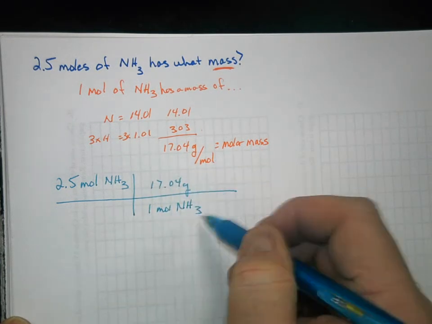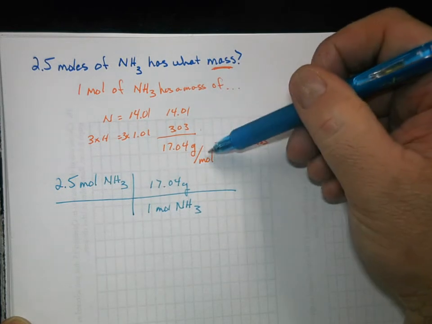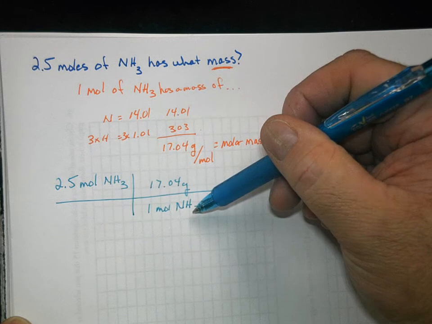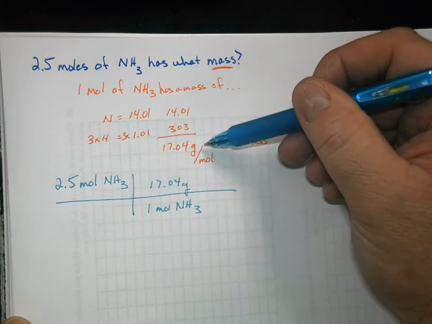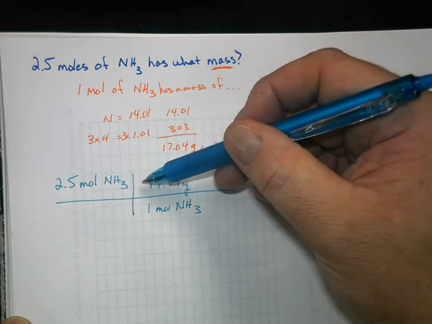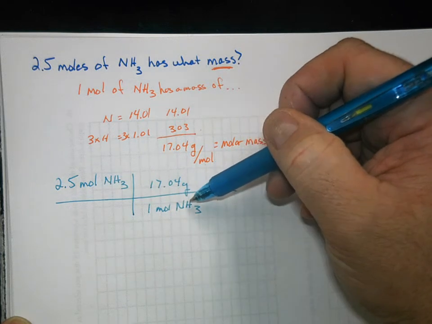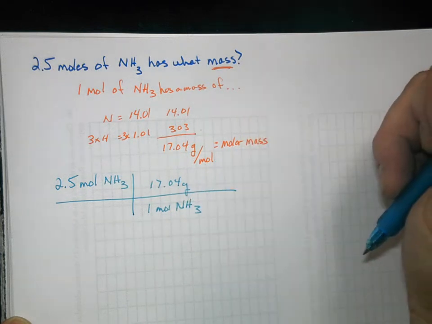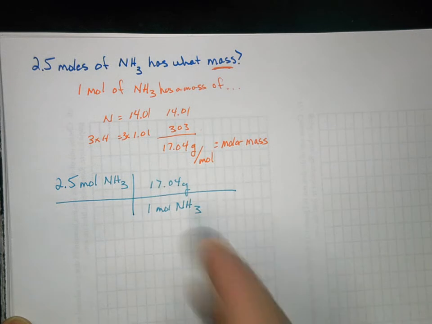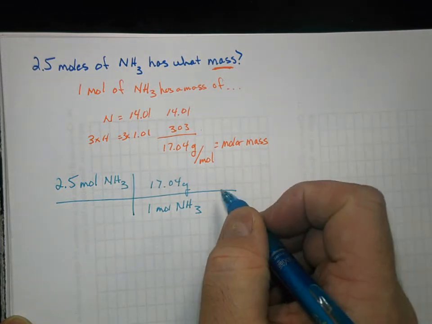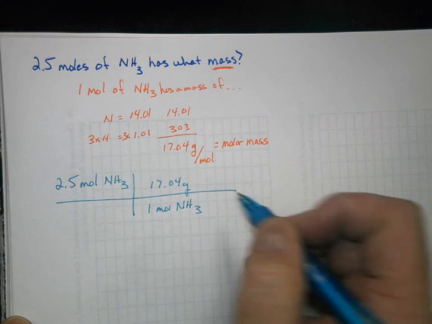This fraction, 17.04 grams per mole, means 17.04 grams per mole of NH3. You guys see that? This is the same thing as multiplying fractions. So what do we do here? We just multiply.